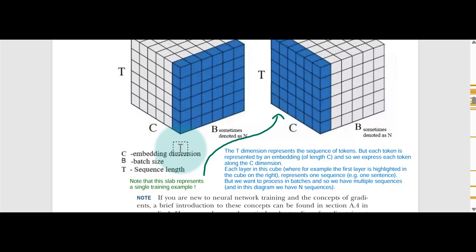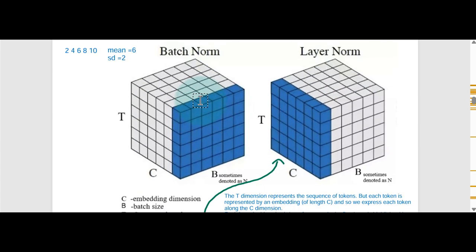And then B is our batch size. Sometimes it's denoted as N. That's our batch size. So let's think about this cube. Let's say our embedding size is 6. We said we could have an embedding size of 3 or 2 or 768, but let's say it's 6.